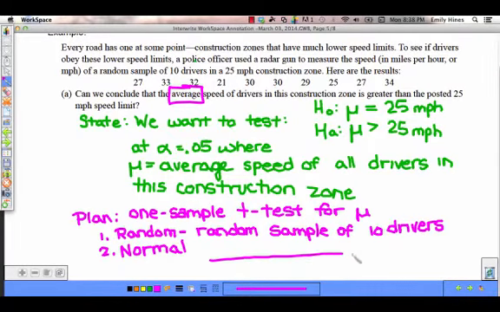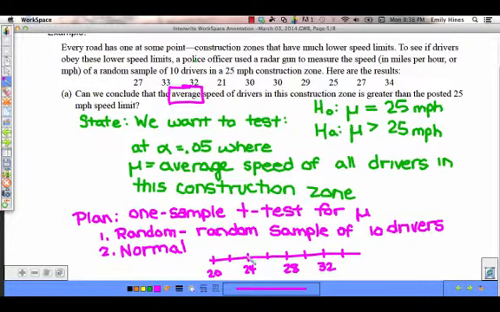we need to graph these. We can start, let's say, at 20 and go up by 2. So 20, 24, 26, 28, 30, 32, 34. Okay, 34 should be high enough. So this was 22, 24, 26, 28, 30, 32.